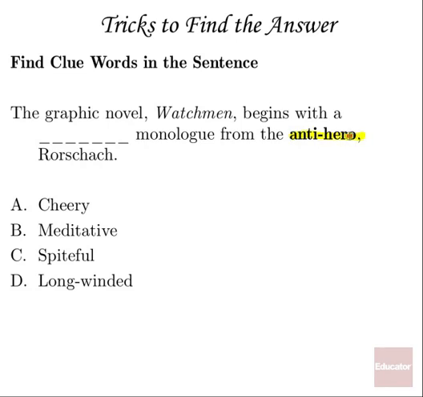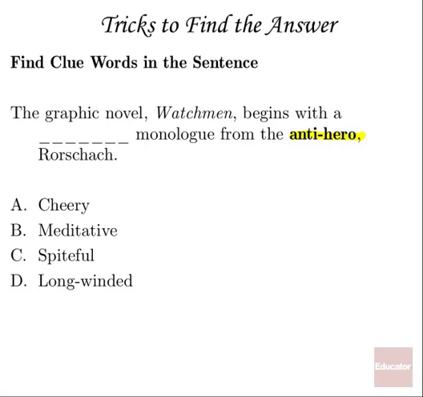Why is this word important? Because I got to figure out what kind of monologue an anti-hero would give. Now, this does depend on you remembering what an anti-hero was. An anti-hero is a main character, protagonist, who is not nice and he's mean and he has a bunch of unsympathetic characteristics. Basically, he's a main character that we don't like.